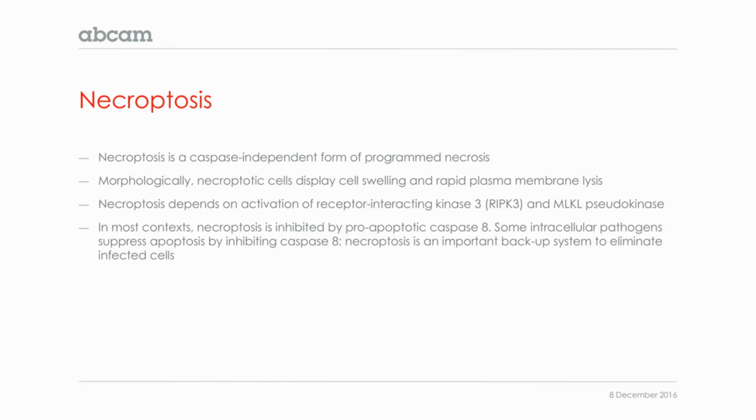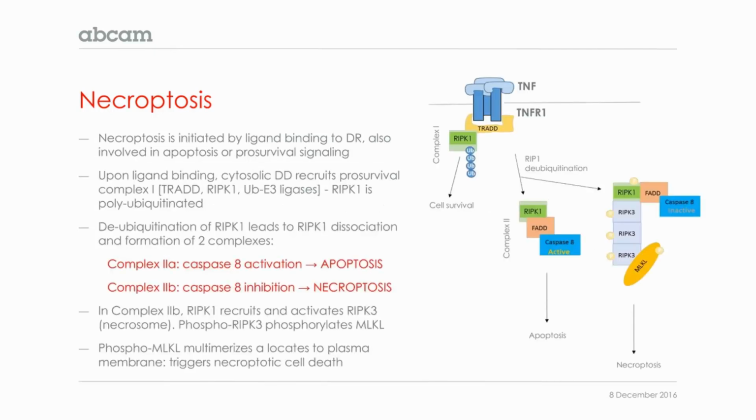So in the majority of scenarios, cells will choose to die through apoptosis through caspase-8 activation. However, some pathogens are able to inhibit caspase-8 activation, and in these cases, necroptosis is an important backup system to destroy these cells.